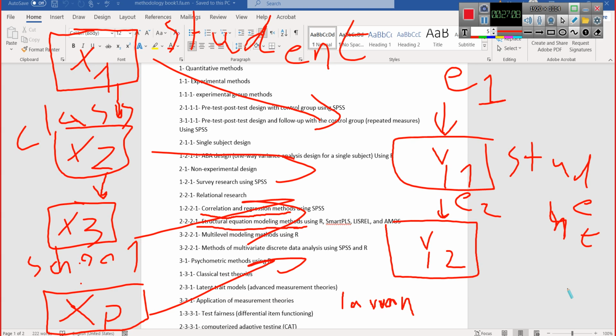So in this kind of methodology, we have the most developed methodology, which can investigate theories with different variables at different levels. Okay, so far so good.